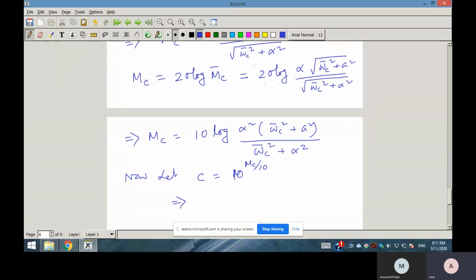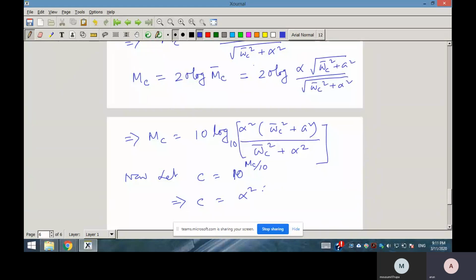So this means C will be what? MC in dB is given, so then C we are defining as 10 to the power MC by 10, so then C will be what?